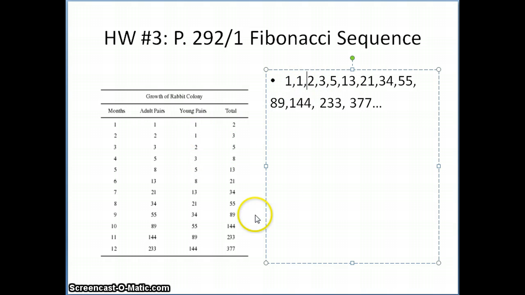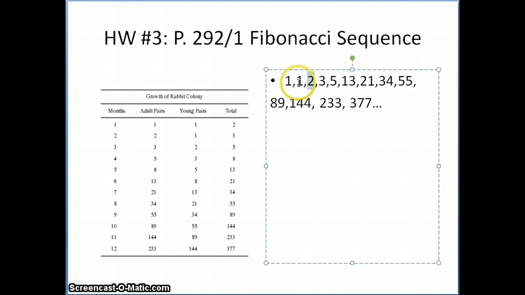So by keeping going like this, with 1, 1, 2, 3, we can always add the previous 2 numbers. Sometimes it's going to be a little bit different. If we think the first month we have one adult pair, and the second month one adult and one young pair, the total is 2.